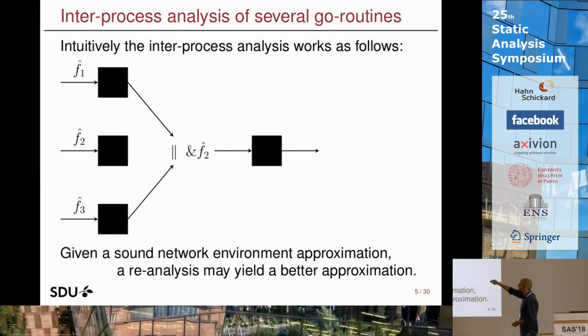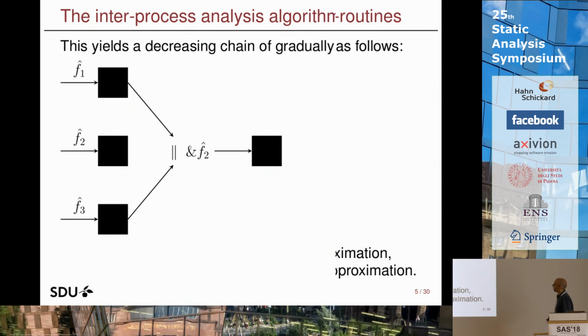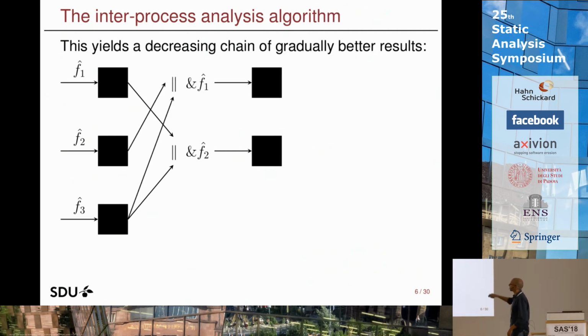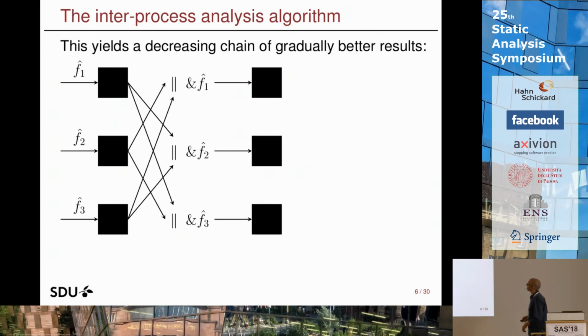So if we start from some sound over approximation of the network, that could give us potentially a better approximation. And similarly for the first process, we combine the second process and the third process's result, do the meet, reanalyze, and so on and so forth.